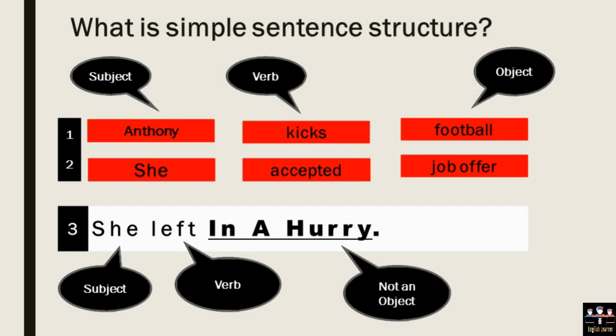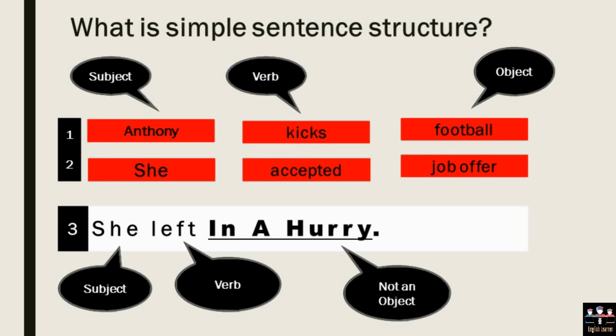Let us move towards example number 3. She left in a hurry. Now this example is a bit different from the above two examples. She is the subject, as it is from the category of noun or pronoun, whereas left is a verb. In a hurry is not at all an object in the sentence.